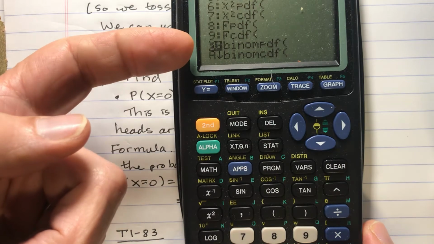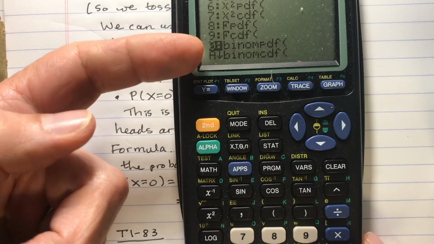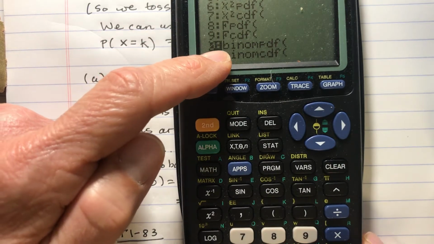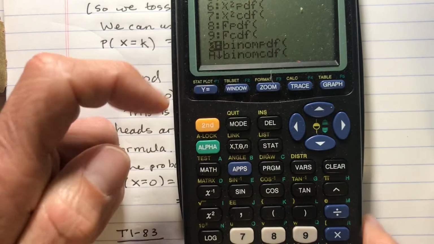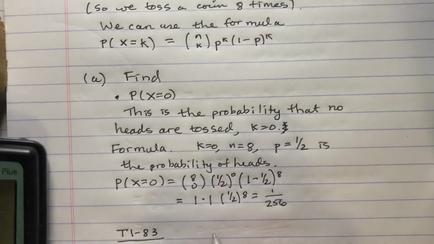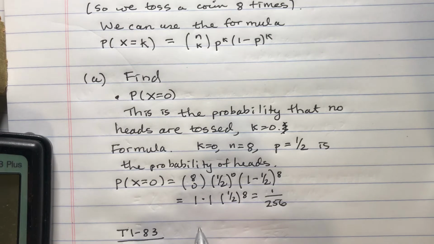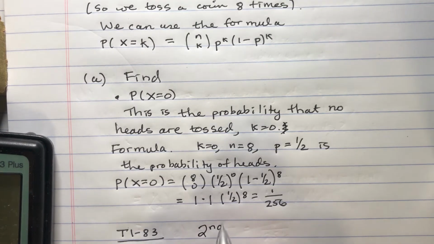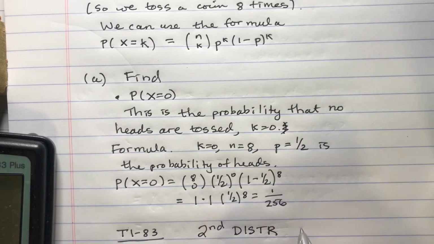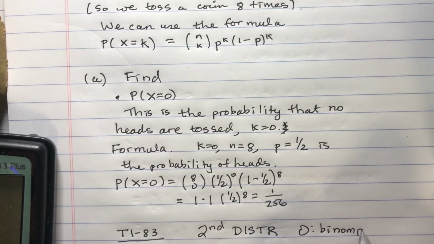Be careful on the TI-84, I think it's A, but don't do this. That's the binomial distribution function. So we go second, distribution, 0, binom PDF.